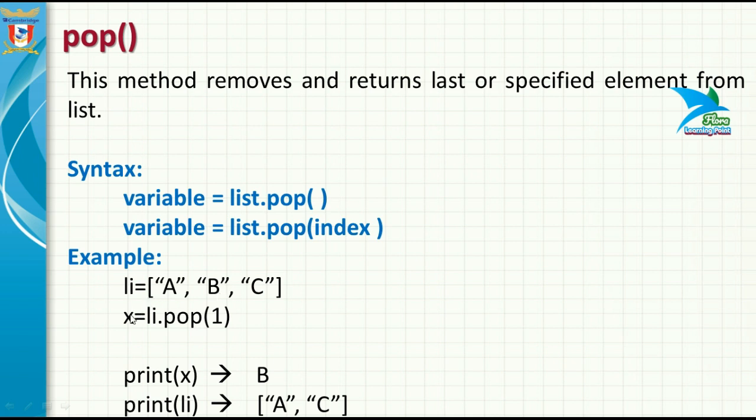So the value of B will be stored into X, and after that it will remove that element from the list. If you print the value of X, then the value will be the element available at the first index, and if you print the list, then the list is available without that particular element.